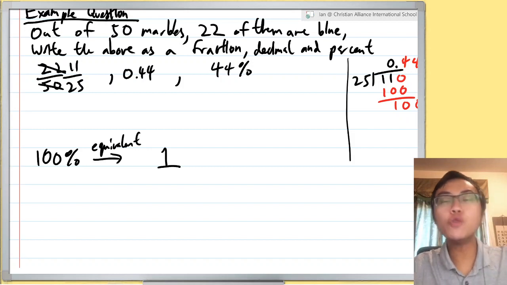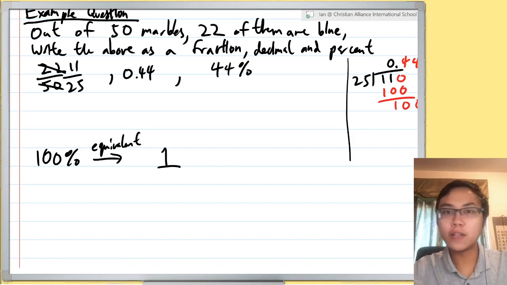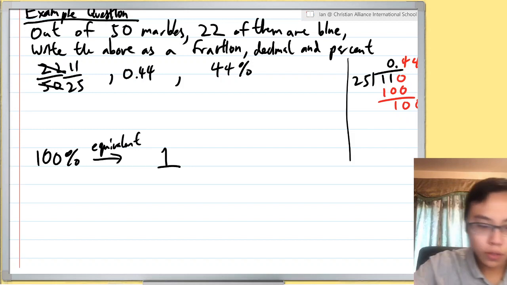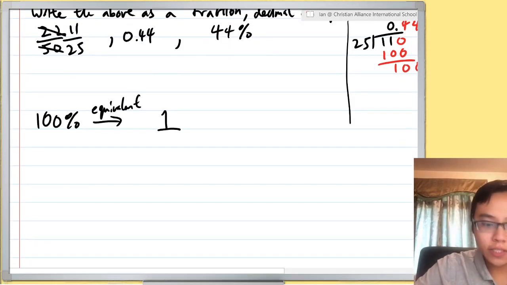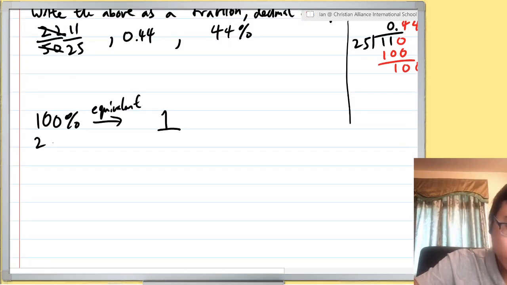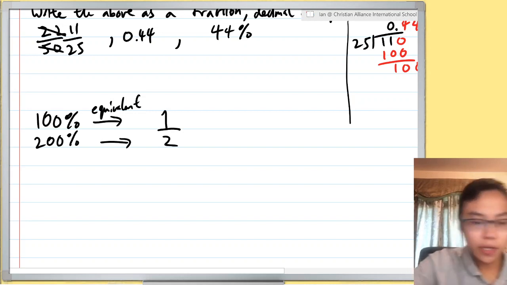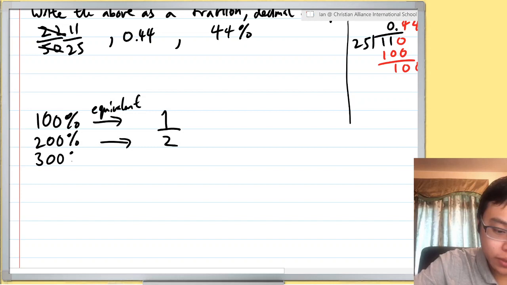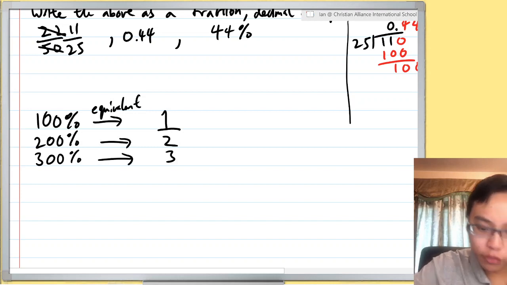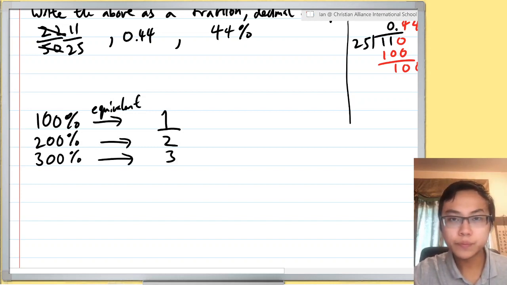So if I'm saying 200% of the class, it means 2 times that class, because 100% is 1, 200% means 2. And if we list it out, 100% means 1, 200% means 2, and so on. 300% is the same as 3 as a number.